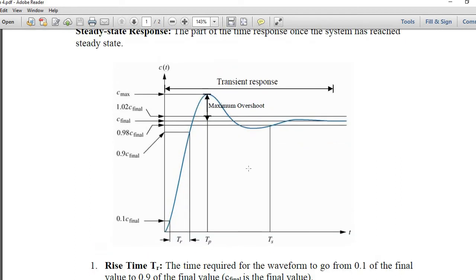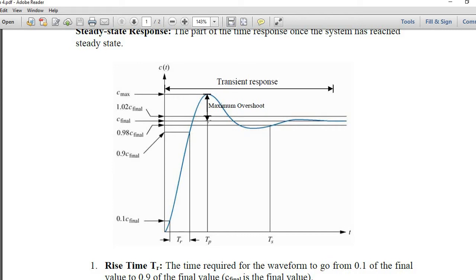Similarly, it will cross the final value and have some peak, and this peak is known as the overshoot. This is the maximum peak, and we can calculate how much time it takes from 0 to Tp. We call it the peak time. After that, another important property is the overshoot. This is the final value you are reaching, but your response goes above it.